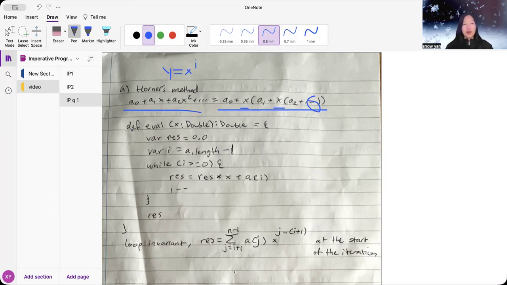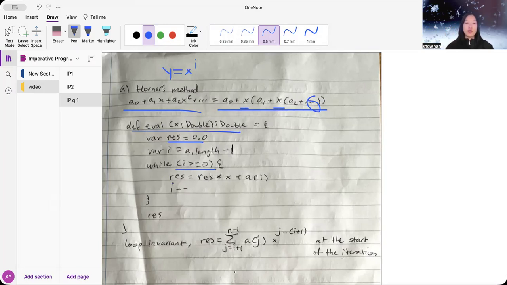So how it works is that we have this defined function. We have a result which is equal to 0. Then we have a variable i, which is a.length minus 1. This is where we start off. Then we have the condition i greater than or equal to 0.